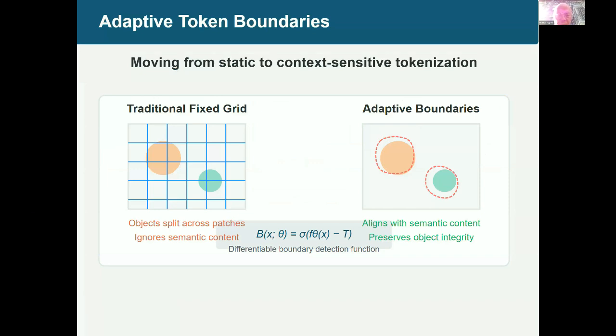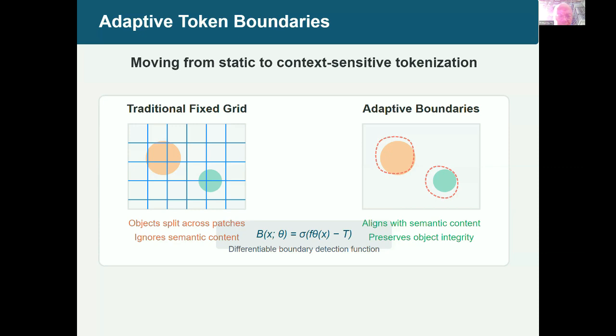Traditional approaches use fixed tokenization schemes like dividing every image into the same grid of patches regardless of content. You can see this on the left side of the slide. Our approach shown on the right implements differentiable boundary detectors that optimize token segmentation based on the content itself.